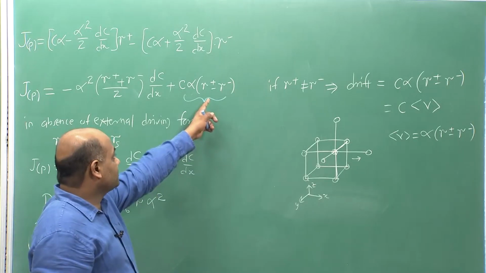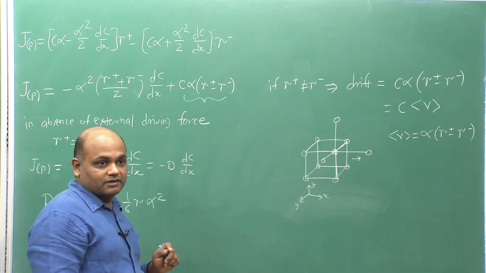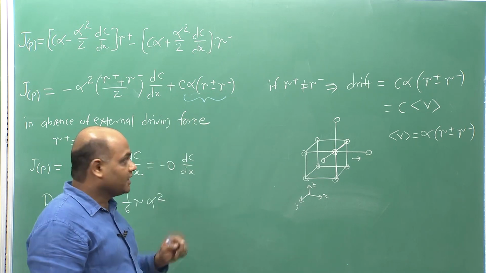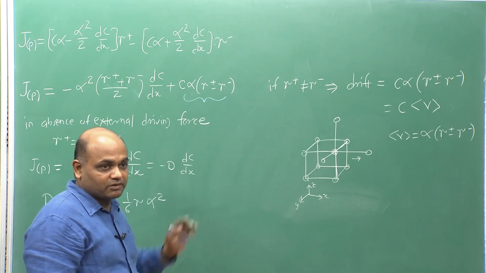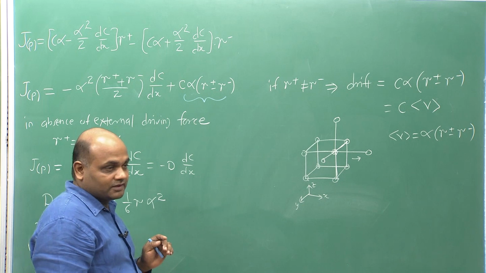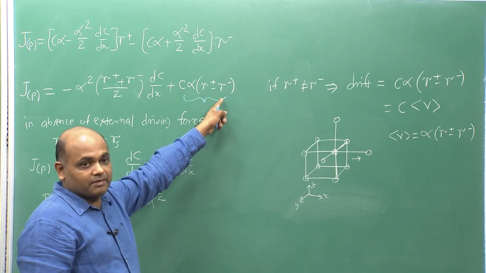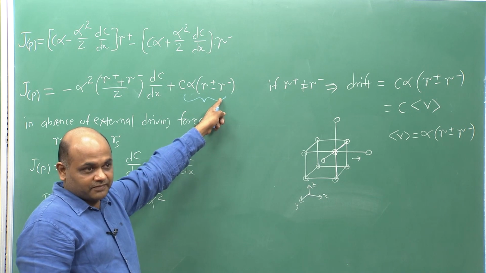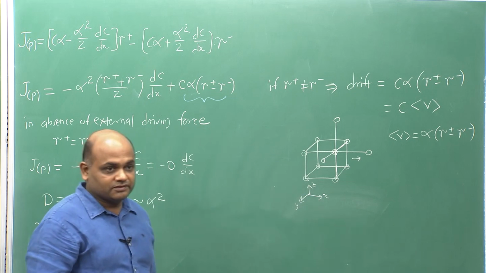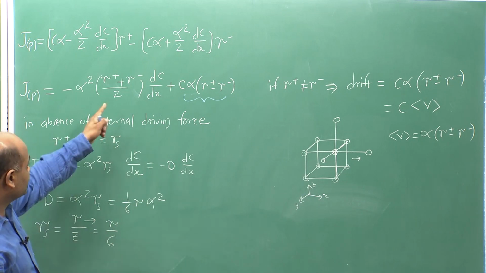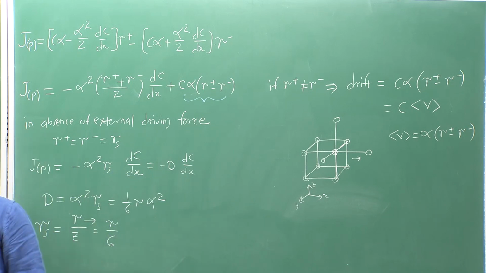Now, if the jump frequencies are not the same, obviously there will be a net average velocity of the atoms of I in one particular direction, depending upon the sign of the term gamma plus minus gamma minus, and that will give rise to this drift. So, there will be a contribution from the Fickian term as well as the drift term.